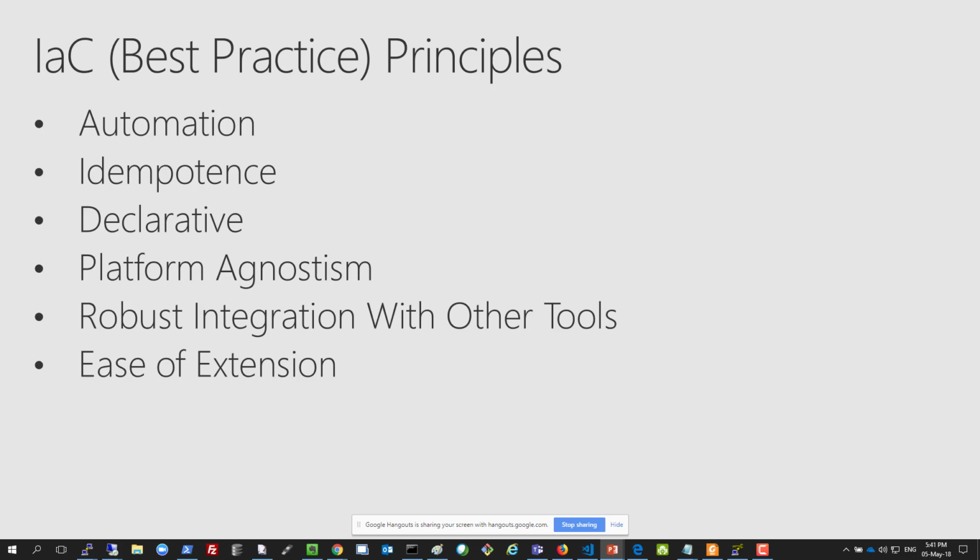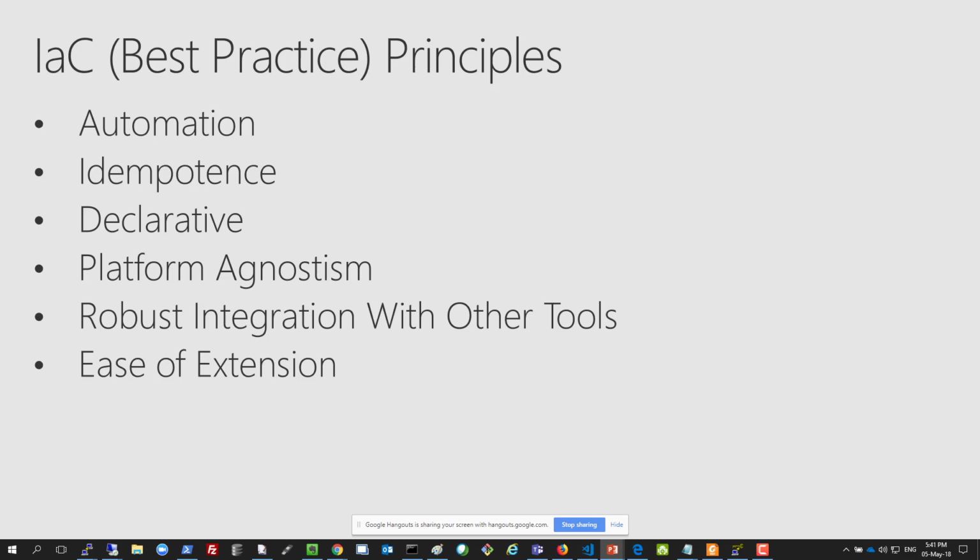So either the tools that you're using can do that, or they can link in together with one another. So I'll give you an example of that. Azure ARM template, for example, can automate the provisioning of infrastructure, but when it comes to configuring the infrastructure, Azure ARM template hands over to another tool to do that.